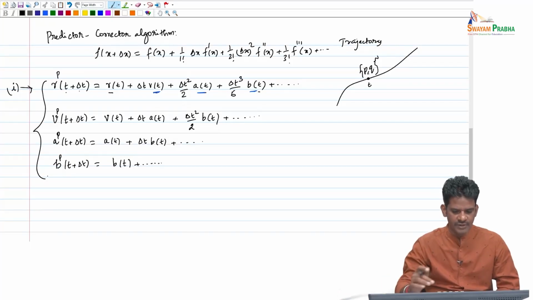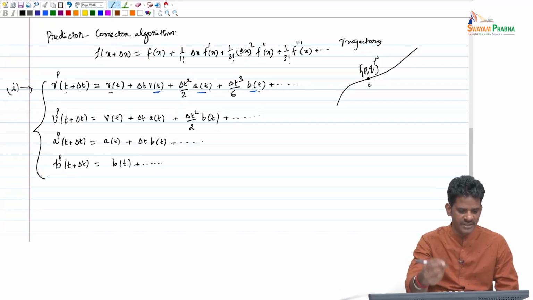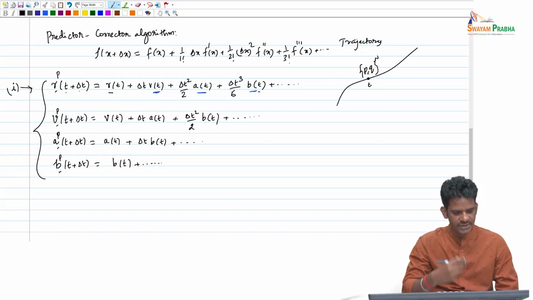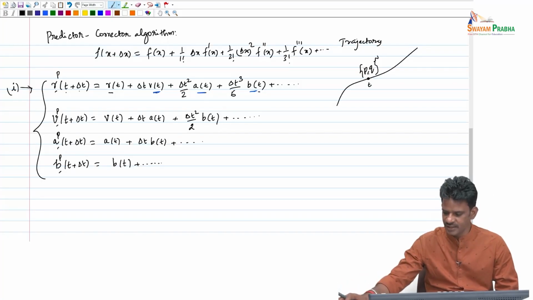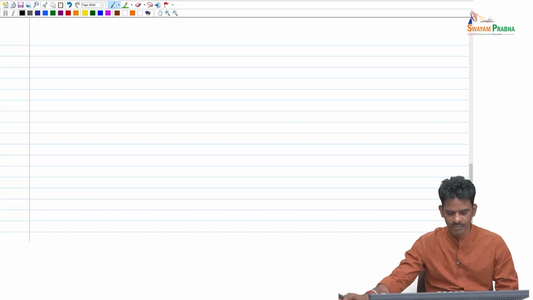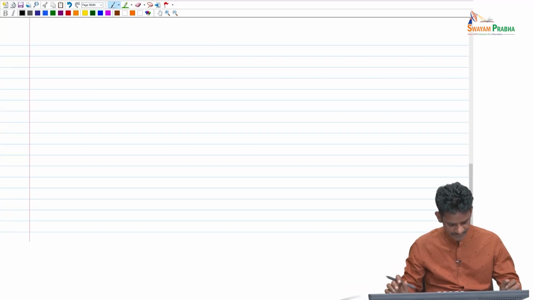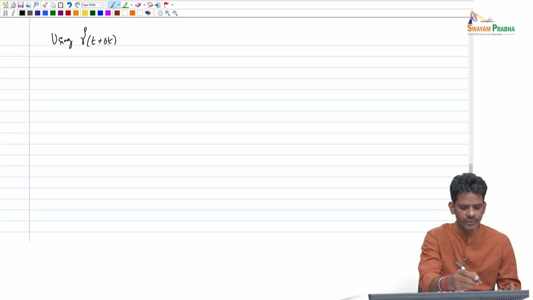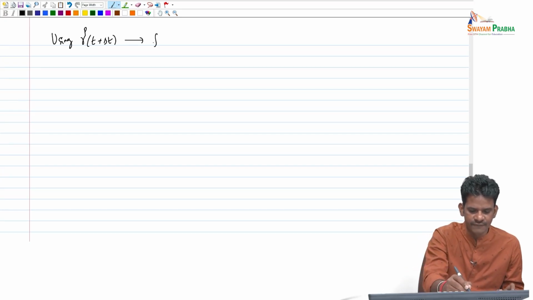So what we are trying to do is, in the first step we make a prediction of the position, velocity, acceleration and the third derivative of positions, and then using this we are going to correct the actual position, velocity and momenta. So now, using the predicted new positions at a time t plus delta t, let us calculate the force at t plus delta t.